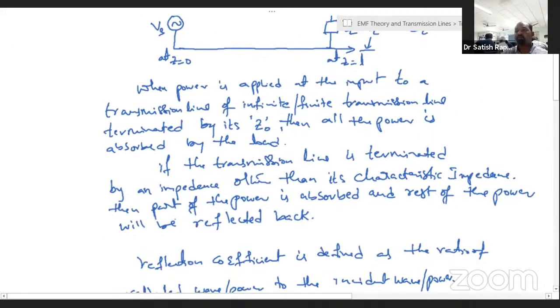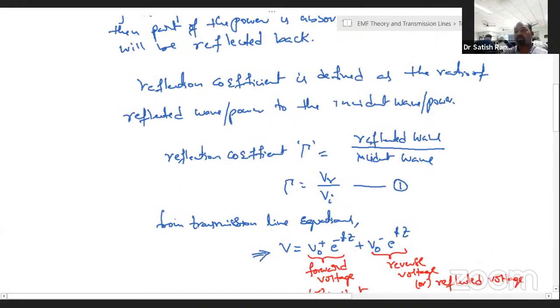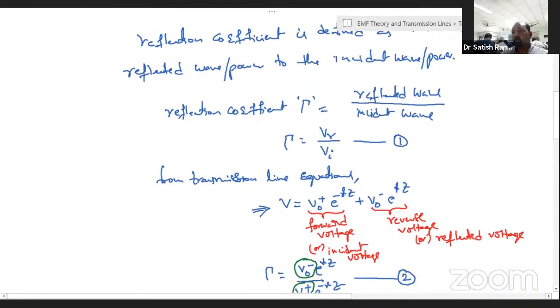Reflection coefficient is nothing but the ratio of reflected voltage to the incident voltage, since here we are speaking in terms of voltage, reflected wave or reflected voltage to incident wave or incident voltage.